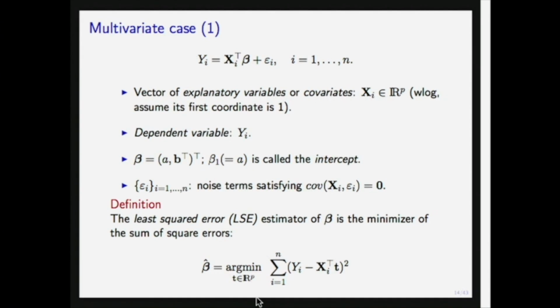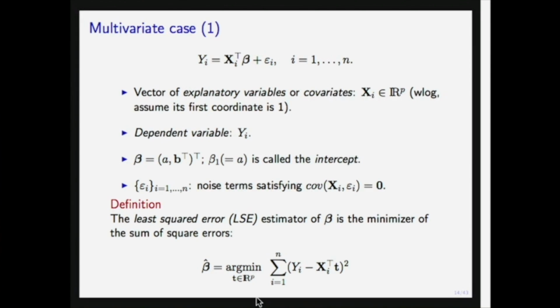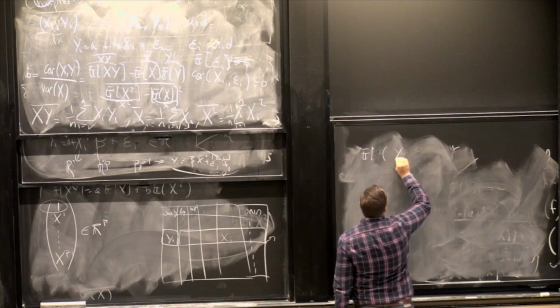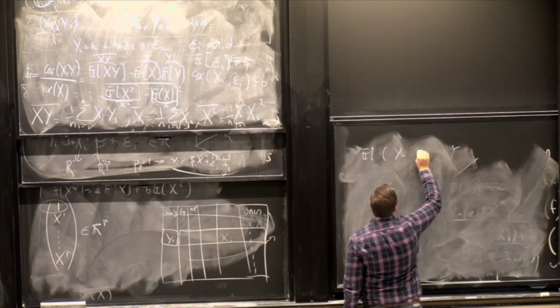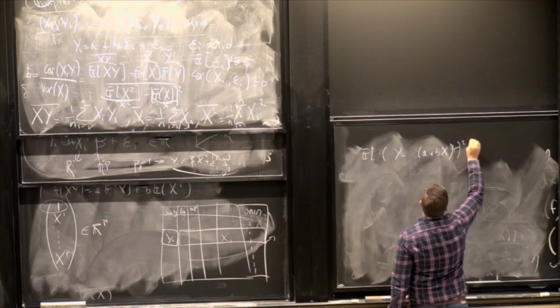Now, if I talk about the least squares estimator of beta, it's simply the same thing as before. Remember, you should think of beta as being the pair a, b generalized. So we wanted to minimize the expectation of (y minus (a plus bx)) squared.